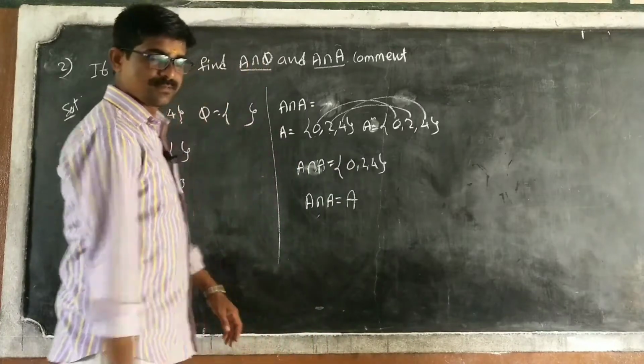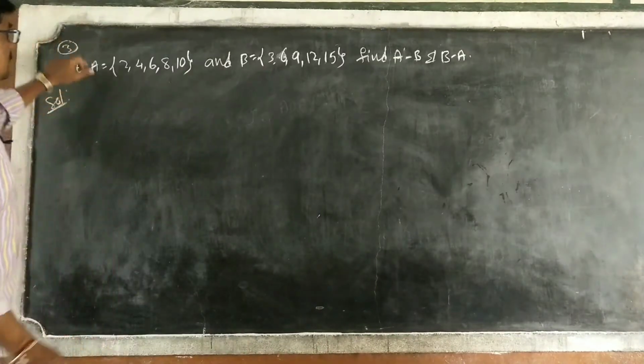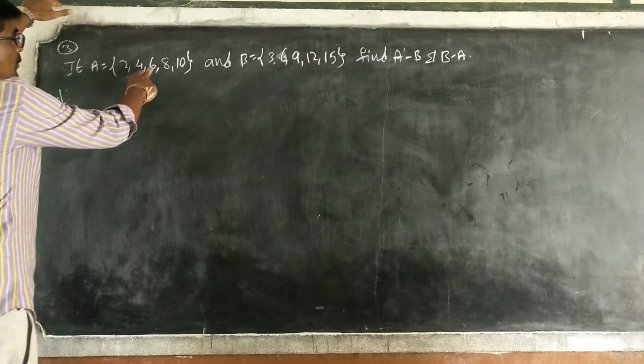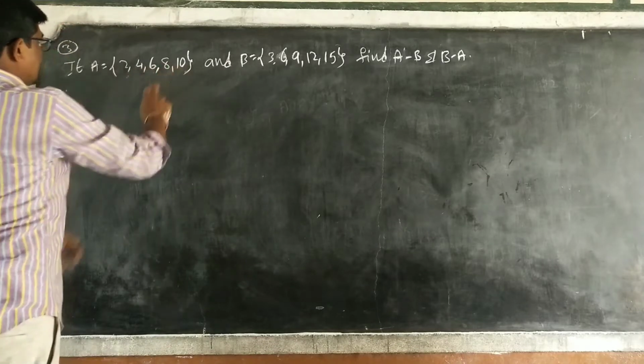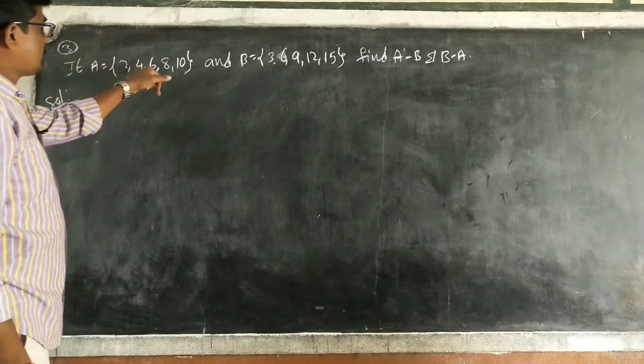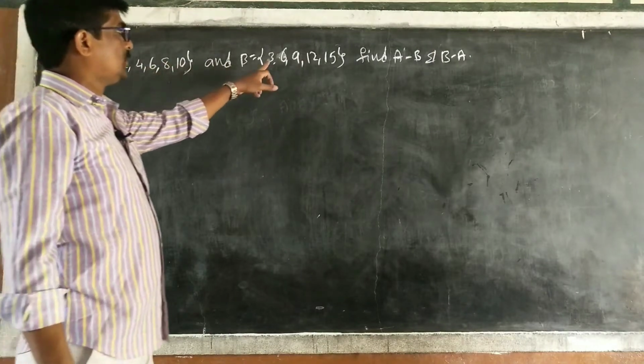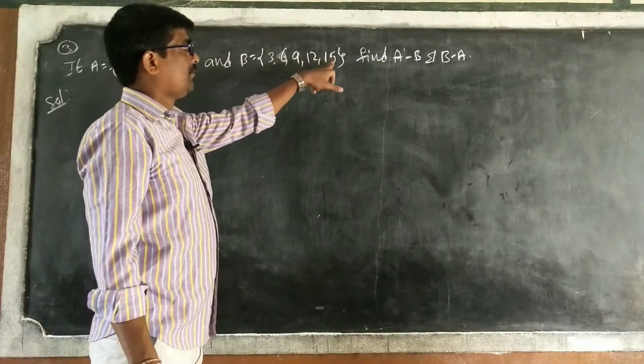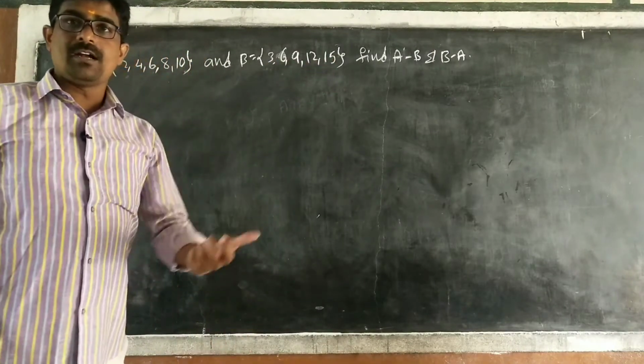Next problem. Set A is equal to {2, 4, 6, 8, 10} and set B is equal to {3, 6, 9, 12, 15}.